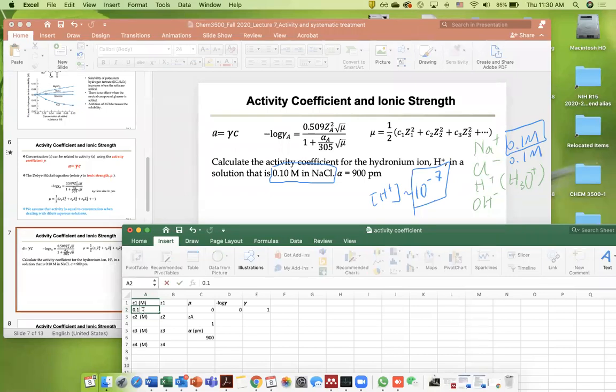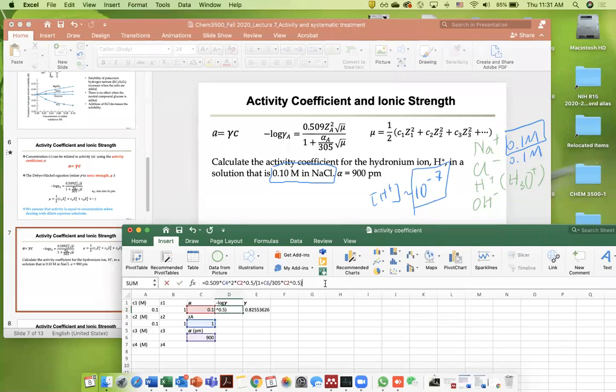So we put 0.1, the charge is 1, and the second is also 0.1, charge is also 1, okay? And you can see that the mu can be calculated as 0.1, and after you put in all the numbers, the equations do the calculation for you and return a gamma of about 0.83, right? Because we have two sig figs, we can assume it's 0.83.